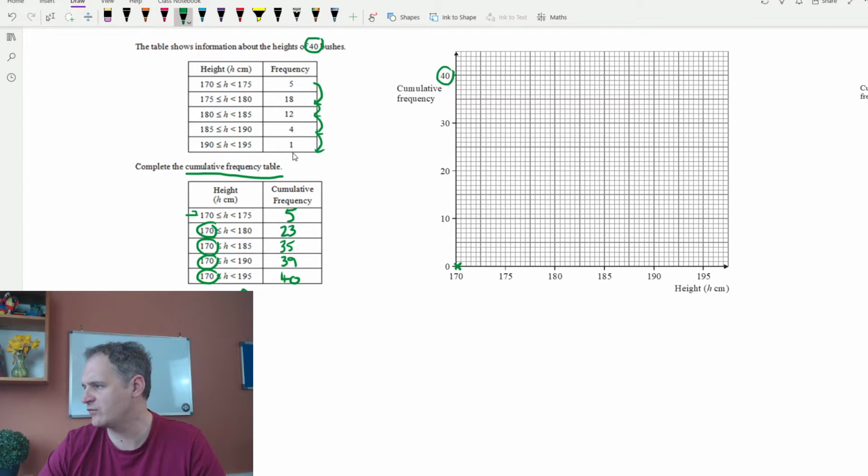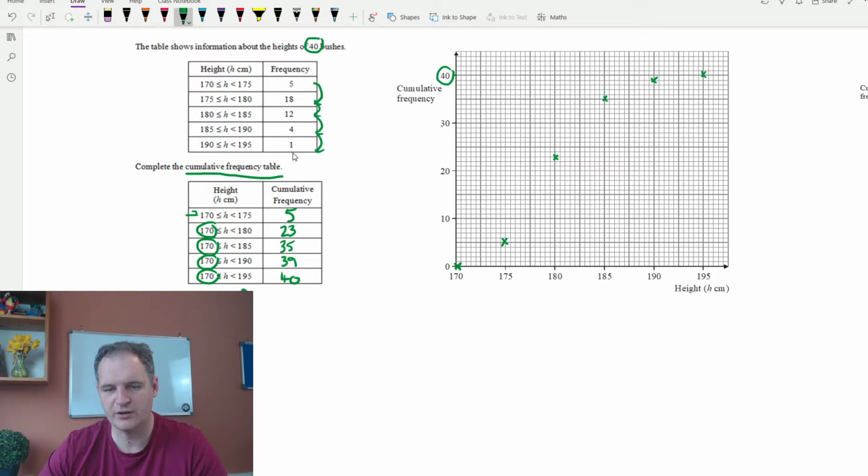Therefore, 175 is 5, 180 is 23, 185 is 35, 190 is 39, and 195 is 40.